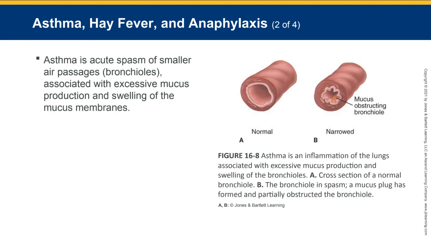Now, asthma is a reactive airway disease, and the trigger is going to be an immune or inflammatory response. So asthma is acute spasm of the smaller air passages, the bronchioles, and three things will occur in a patient who is having an asthma attack.